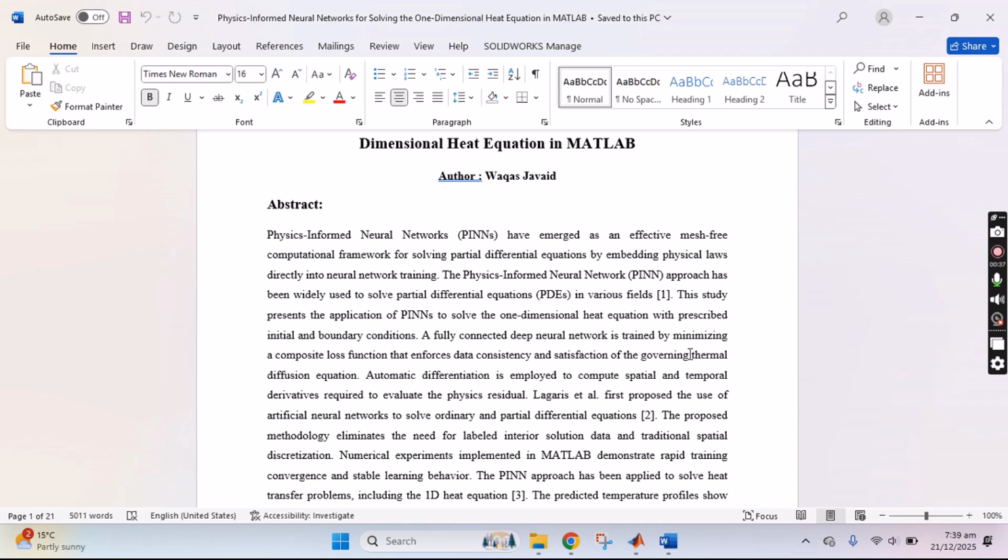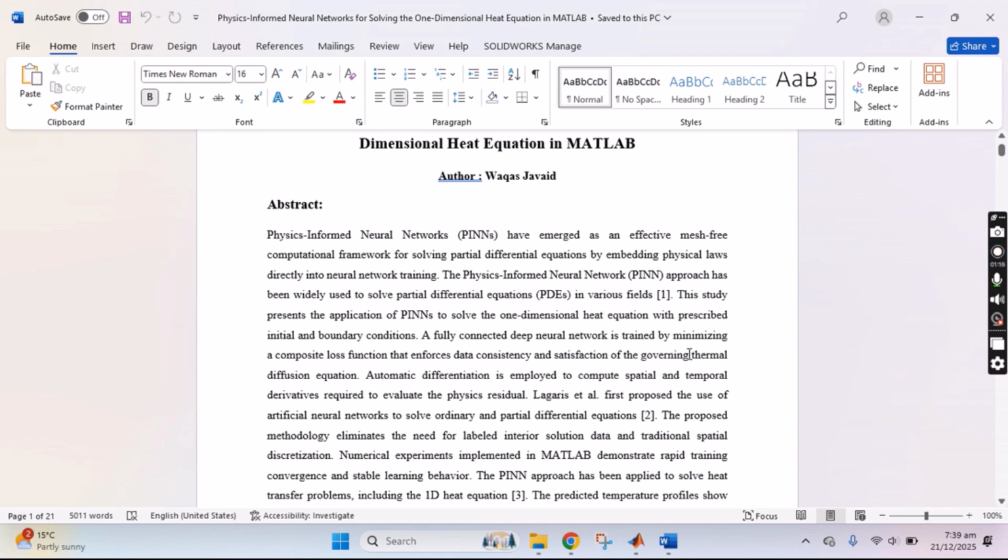The thing is that we have to solve the partial differential equation using physics-informed neural networks to find the one-dimensional heat equation with the prescribed initial and boundary conditions. The fully connected deep learning neural network is trained by minimizing a composite loss function that enforces the heat loss as well as the heat absorbed in the specific material.